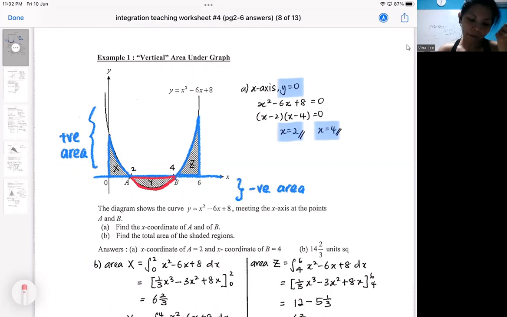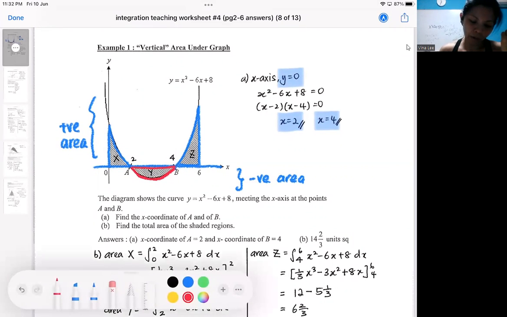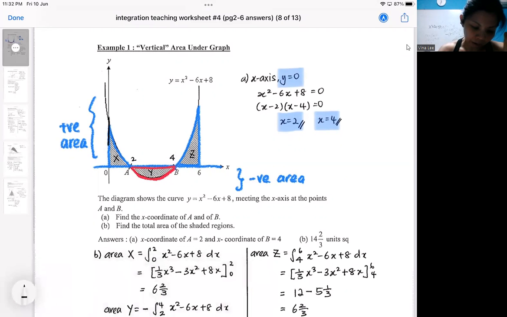In the first place, the region X has two vertical walls: x equal to 0 and x equal to 2. So you should be integrating the equation of the curve.